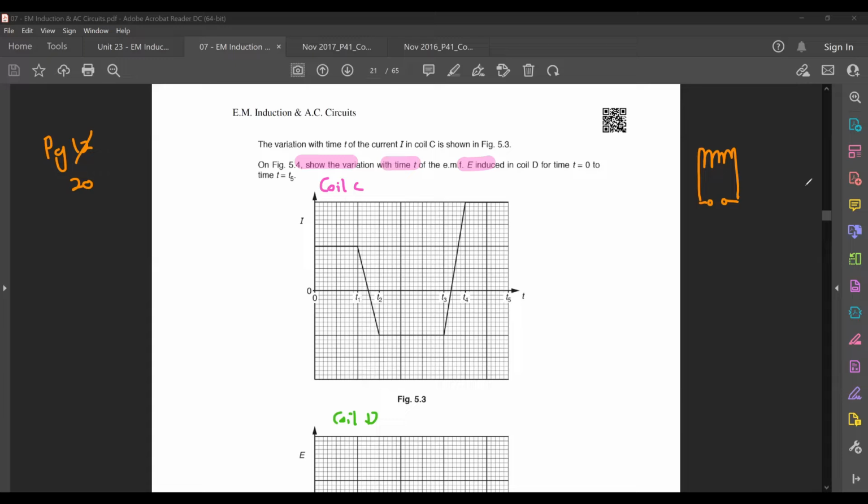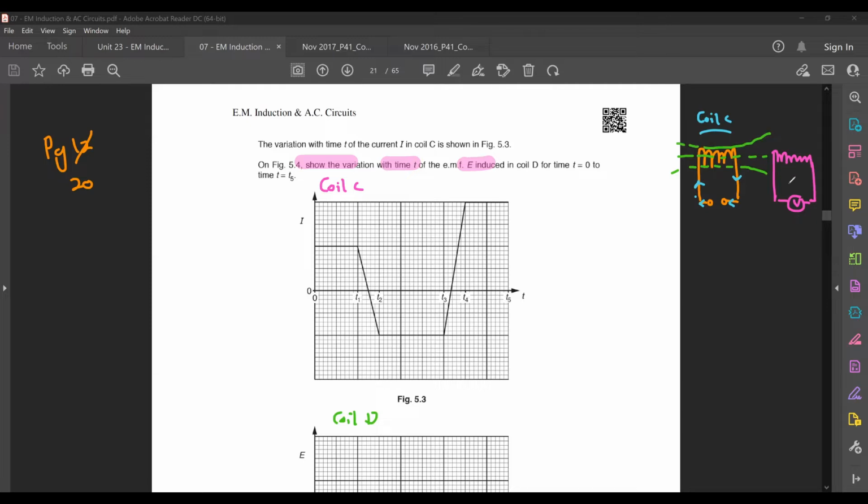And then after that, we have coil D here, which is connected to a voltmeter. They say the coil C actually has current running through the coil like this. When current runs through the coil C, it is going to generate its own magnetic field. So the coil will actually generate a magnetic field, which may probably look like this.